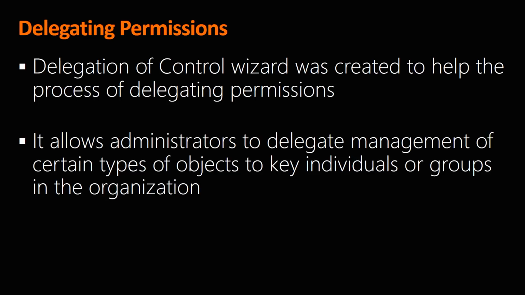The third and most common type of permission delegation is the usage of the Delegation of Control wizard. This tool will allow administrators to delegate management of certain types of objects to individuals or groups within the organization.